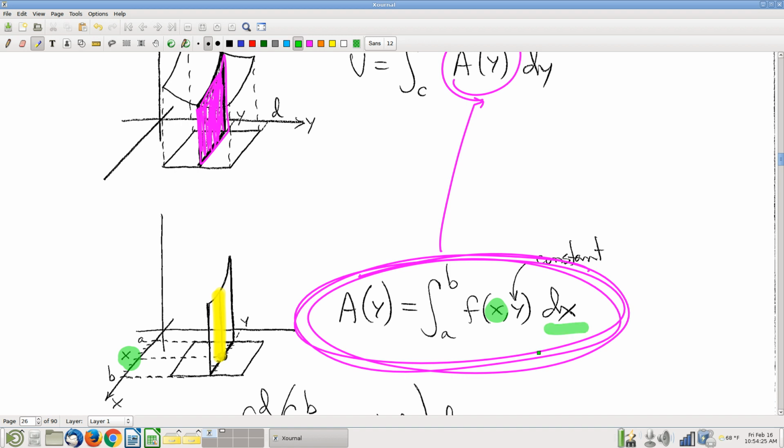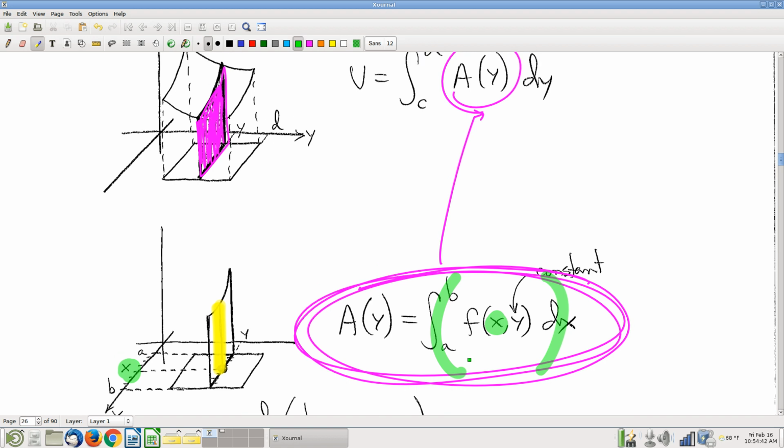I've already agreed that I'm doing an integral dx because x is what has to range over various different values. So this is an x integral. x is the variable. f is the height, but f of x comma what? Well, it's f of x comma whatever your y is. I'm trying to compute the area at a particular value of y.